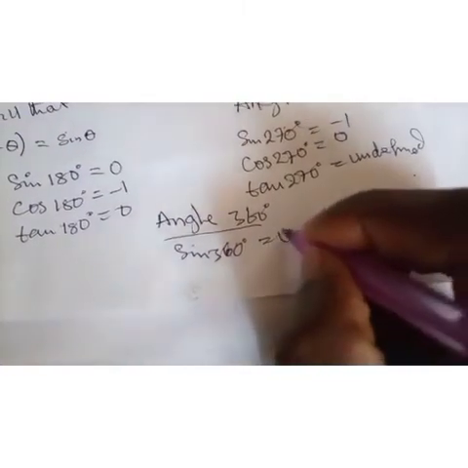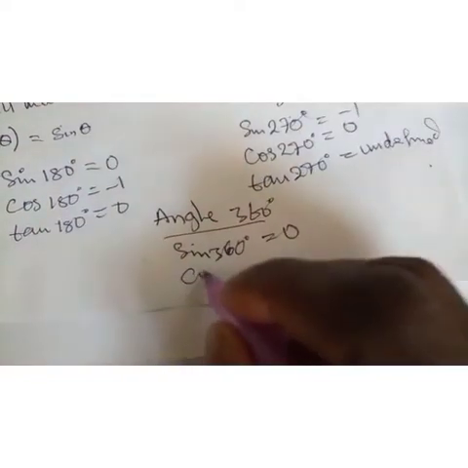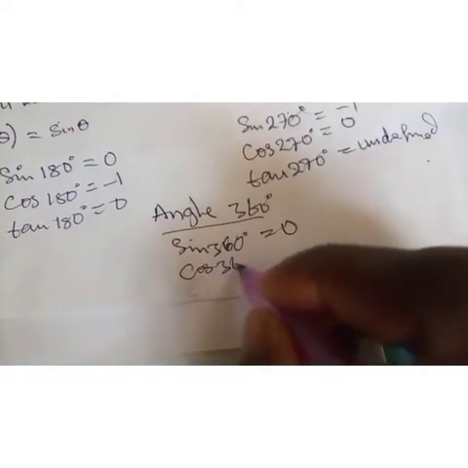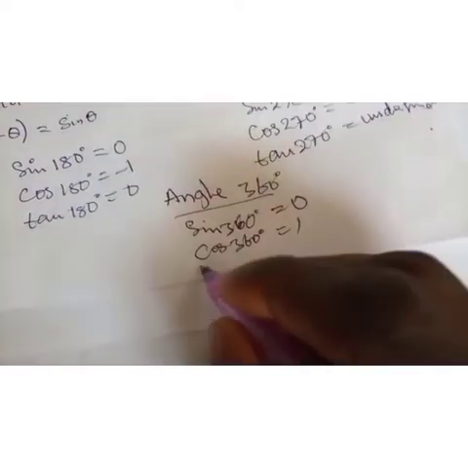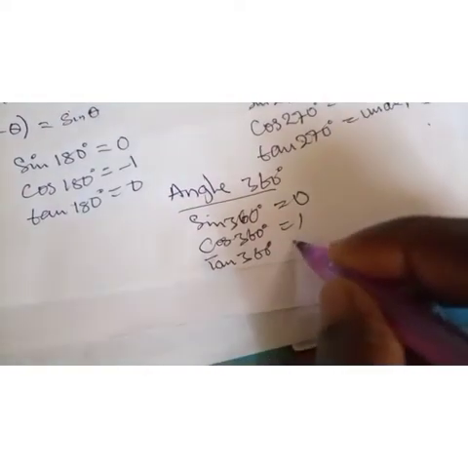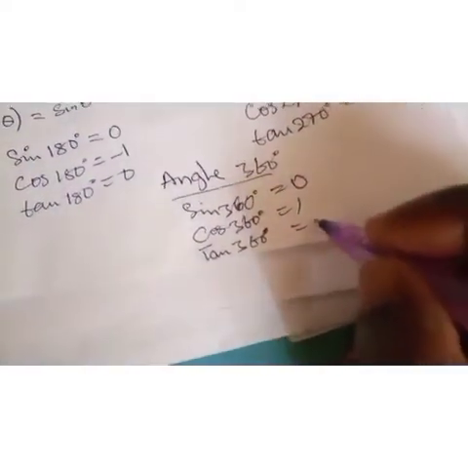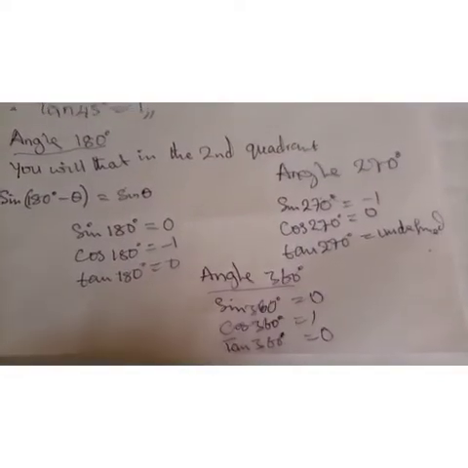Cos 360 degree is equal to 1. Tan 360 degree is equal to 0. So please, you have to study all those things, keep them in your brain as you are going to use them.